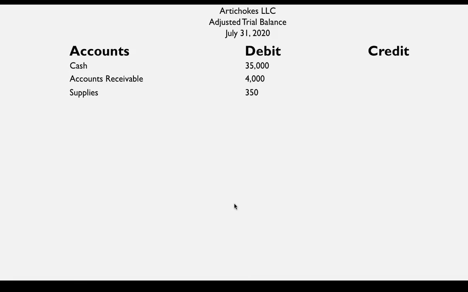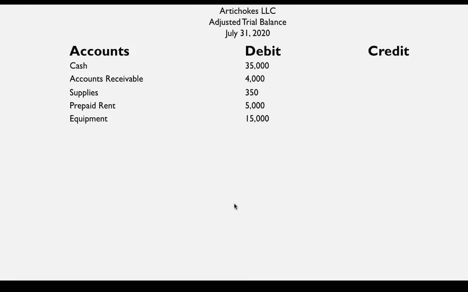So supplies now only has $350 worth in it. So we list that $350 under the debit side. Then we have our prepaid rent. That's now down to $5,000, so we list $5,000 as its debit balance.